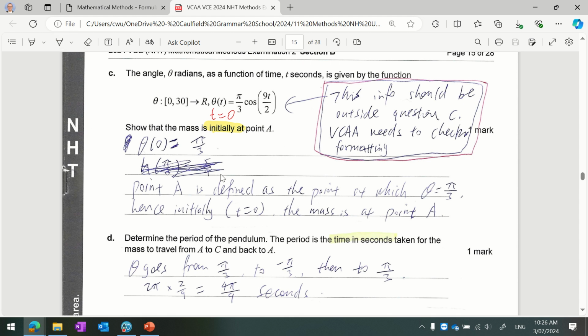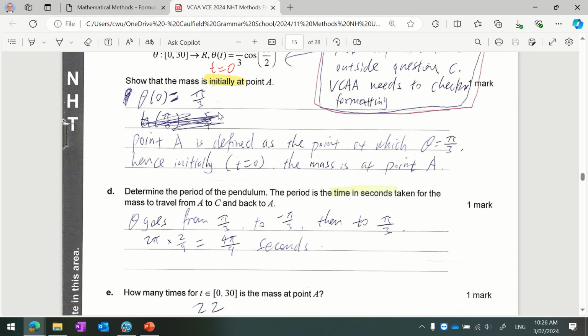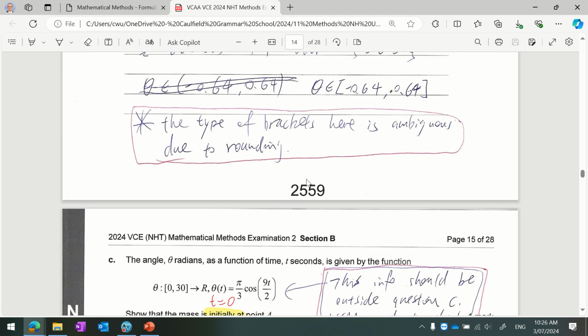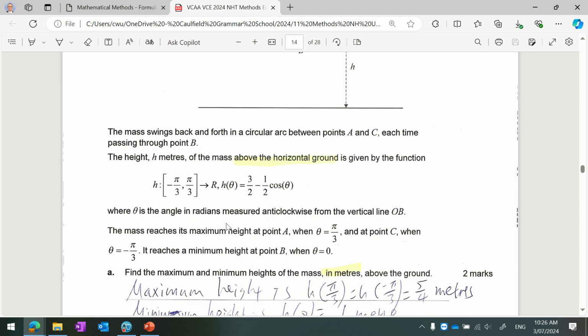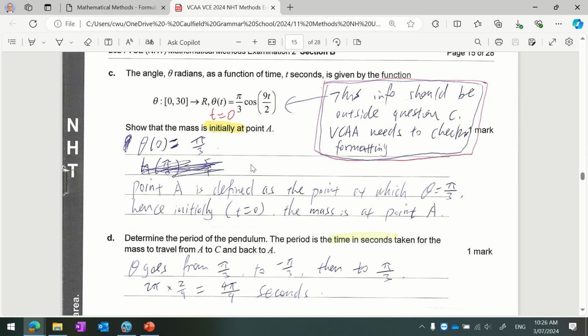And we get π over 3. So when t is 0, the angle is π over 3. And the question defines it that way. The question says at point A, theta is π over 3. So we're just going to repeat what the question said in the beginning: point A is defined to be the point when theta is π over 3, and so on.